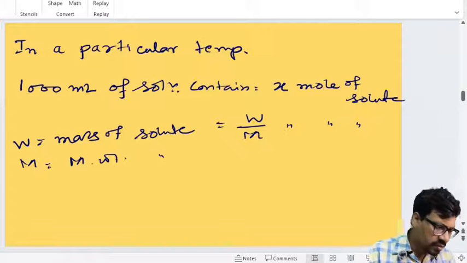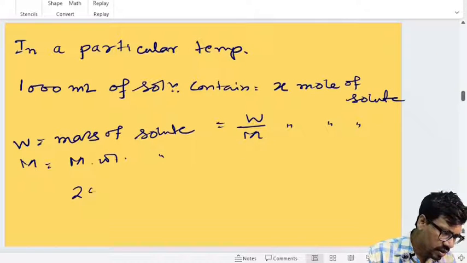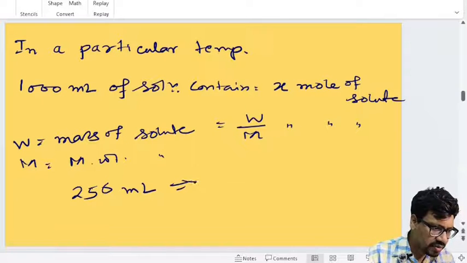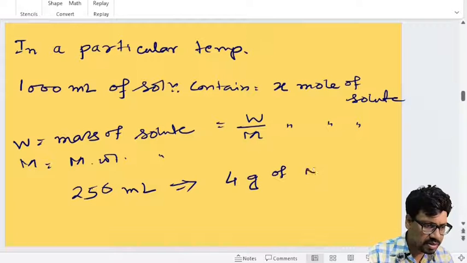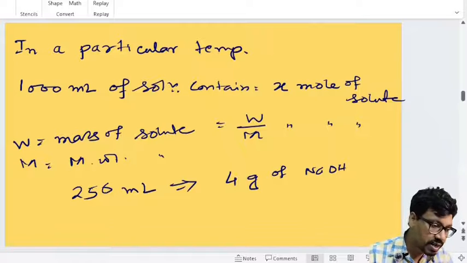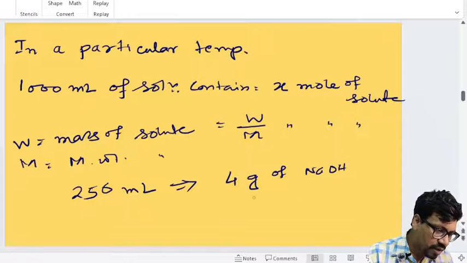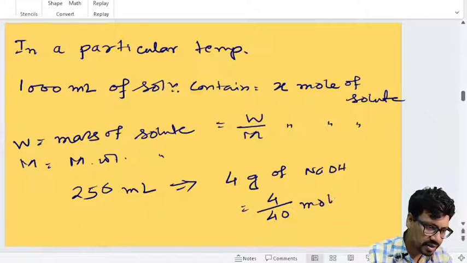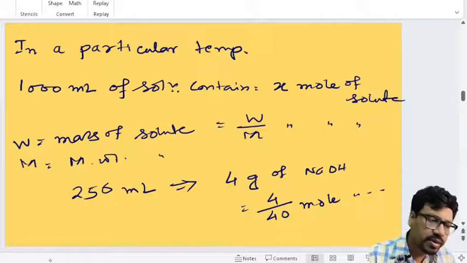So, say for example, in 250 ml solution, if there is 4 gram of NaOH present, what is the molarity of the solution? This is very important. 4 gram means 4 by 40 mole of the NaOH.